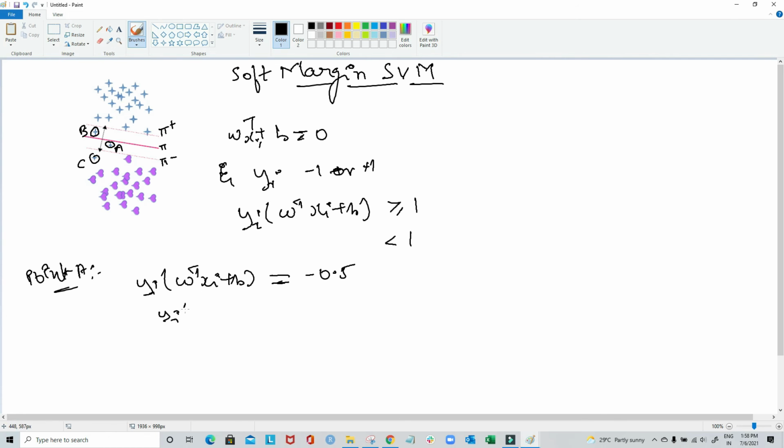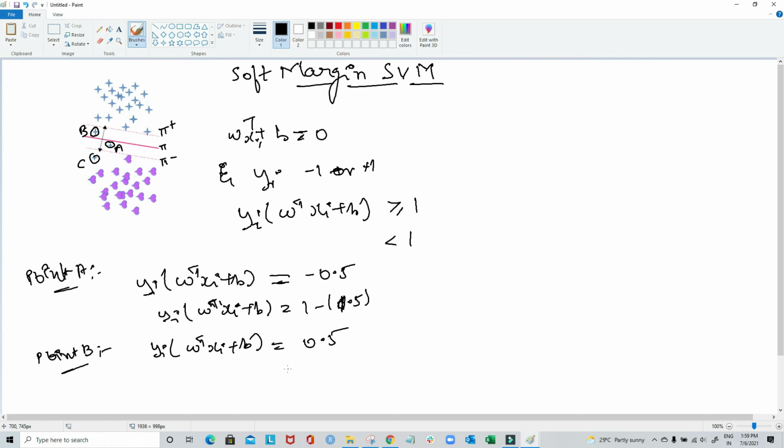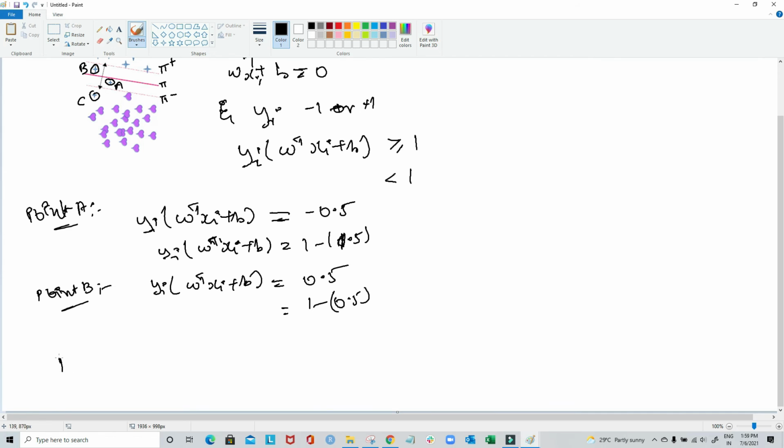Similarly for point B, this one yi into W transpose xi plus b is say 0.5. Now this can be written as 1 minus 0.5. And for point C, which is on the negative side of the hyperplane, we know this distance is equal to 2, and let's assume the distance from pi minus to here is 0.5.